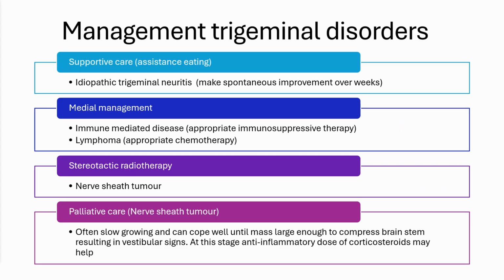So management of trigeminal disorders, very important if they have a drop jaw to give supportive care, assistance eating. You likely need to hand feed these dogs. You may need to experiment with different foods that they are able to get into their mouth. And it may not be what you think. Chicken, for example, is often what people go to with dogs with dysphagia.